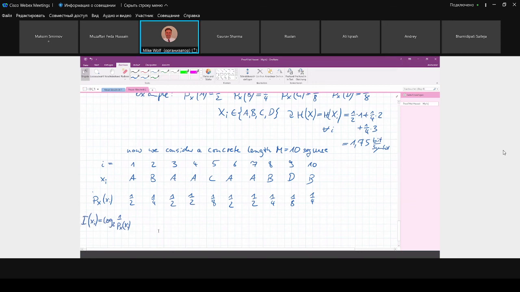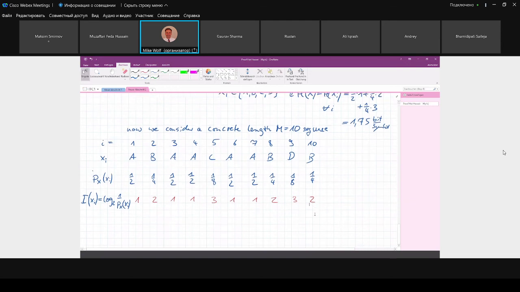So, this is in bit, information content. The first symbol has an information content of, say I write this in red, 1. The next 2, the next 1, the next 1, 3, 1, 1, 2, 3, 2, right? These are the information contents.